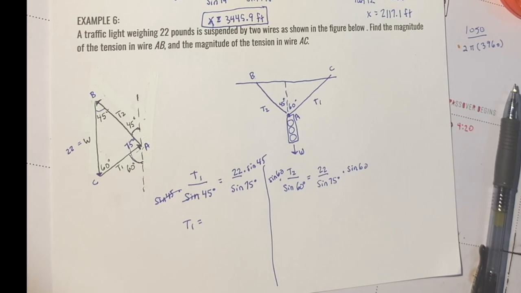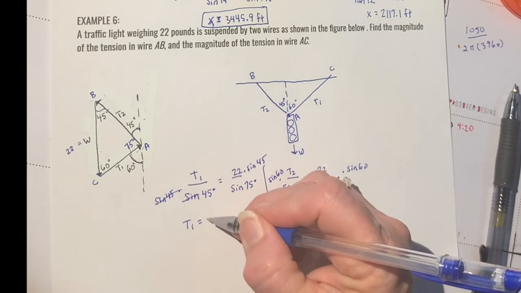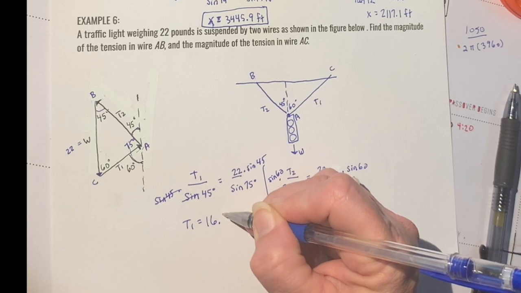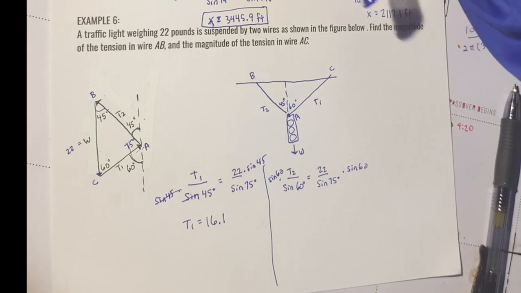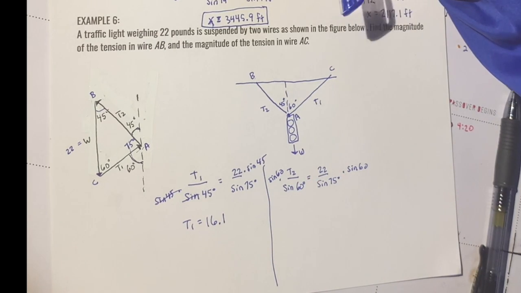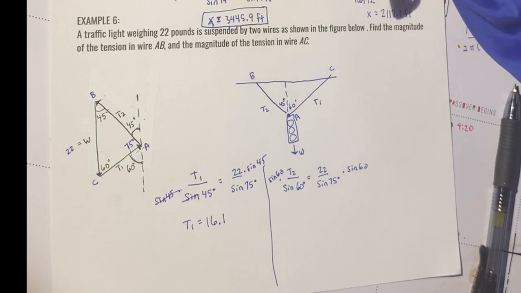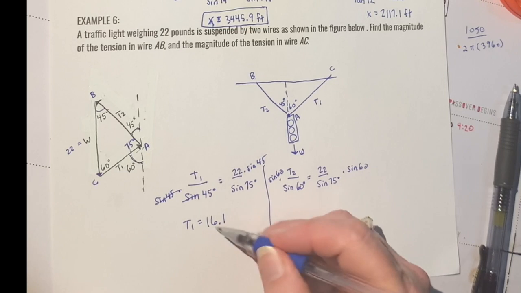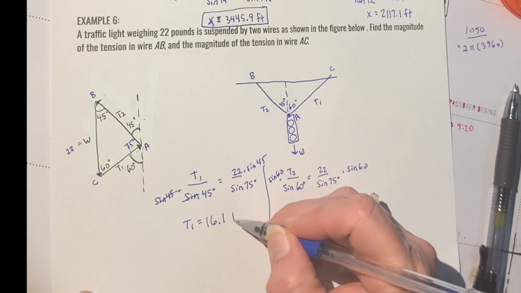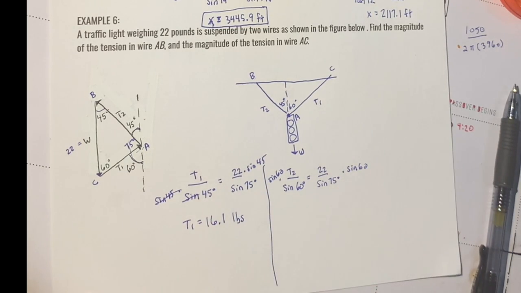All right, and so the tension in that wire is 16.1. Or if they want significant digits, we just say 16 pounds is how the tension would be.